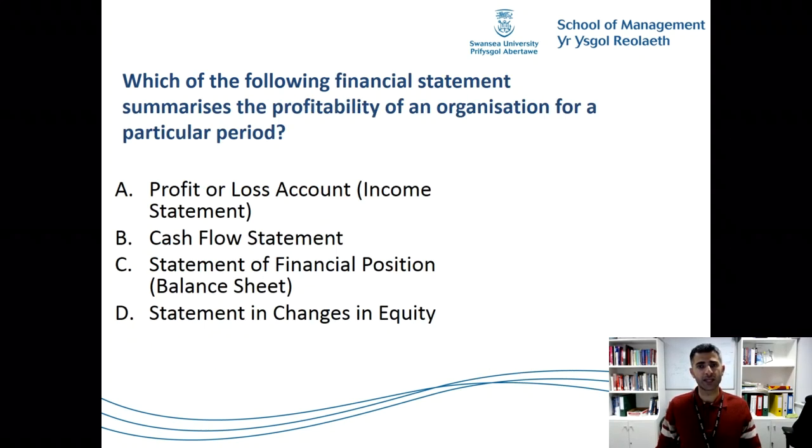Which of the following financial statements summarizes the profitability of an organization for a particular period? Which statement measures the profitability of the business? Of course, this is the first statement we did, the income statement, profit or loss account, the statement of profit or loss.